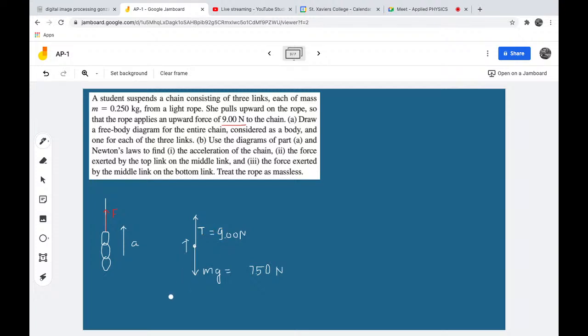So here 9 working, I'm just writing slightly detailed. So my sigma F, as the Newton's law says, sigma F is T is working upward minus mg is working downward, acceleration is upward.